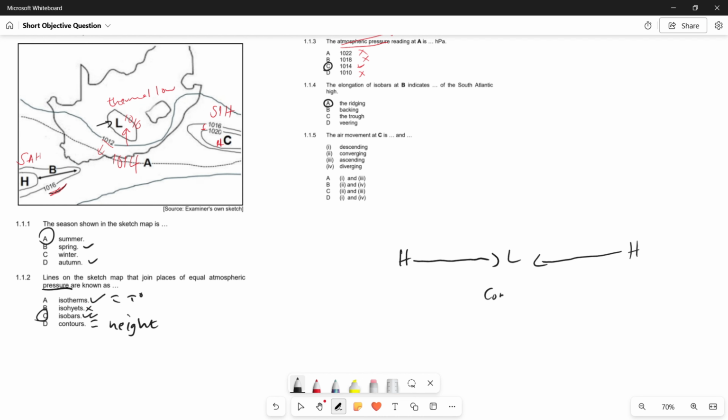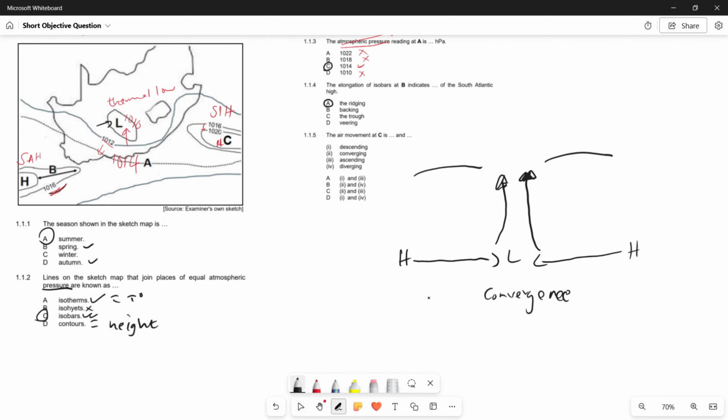When air converges, this is convergence. When it converges, it will rise. And when it reaches the upper atmosphere, it diverges.